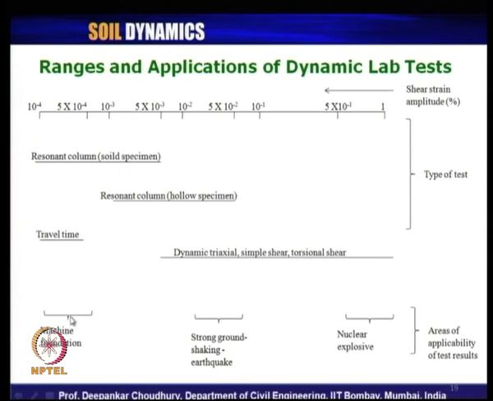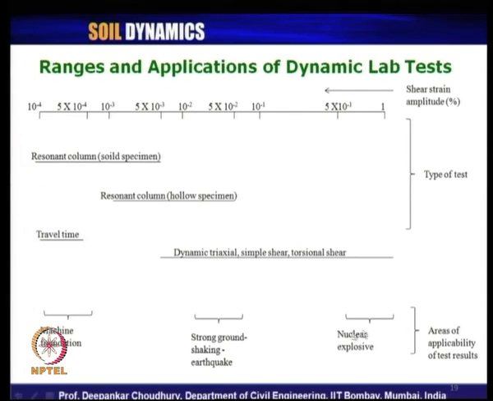Again, when you are using cyclic triaxial or cyclic simple shear, you have to use a very high value of Gmax at the initial stage. So, application of cyclic triaxial, cyclic simple shear and cyclic torsional shear is not that good for machine foundation, but can also be used, because you are always estimating on the lower end.